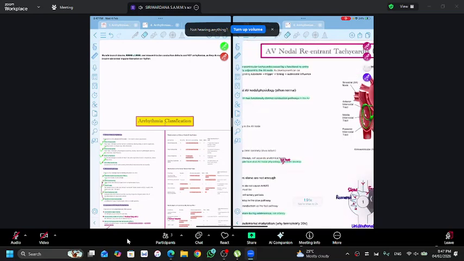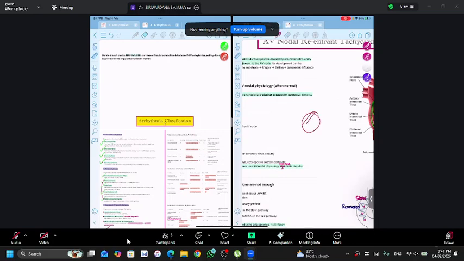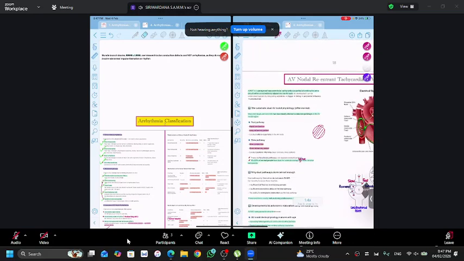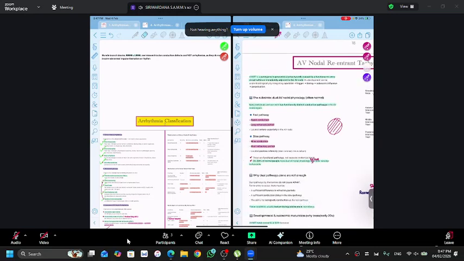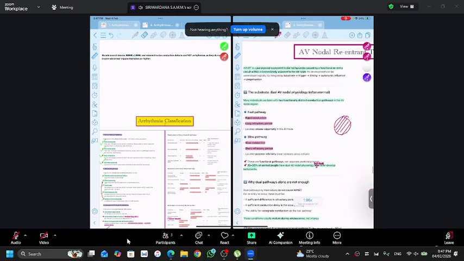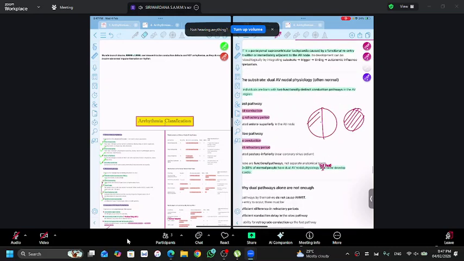Now, when you take the AV node, a certain percentage of people, like 20 to 30% of people, have AV nodes with dual pathways. They have a natural fast pathway and a natural slow pathway in the AV node.